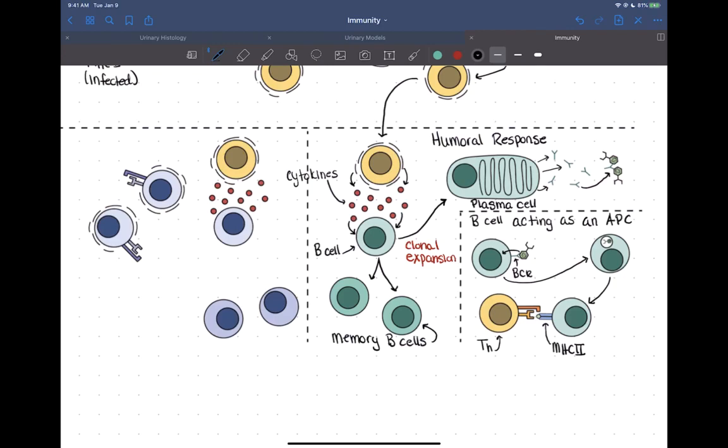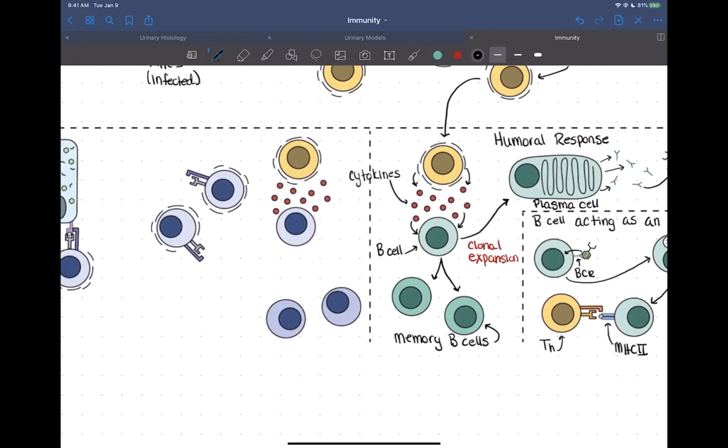All right, so that would be the T helper cell with its CD4 protein and its T cell receptor. Okay, so it would do the same process just like our macrophage that we just looked at, except this is a B cell, and it's going to find that virus, right, because that antibody on its surface is going to be specific for that virus. Okay. All right, so that's our humoral response.